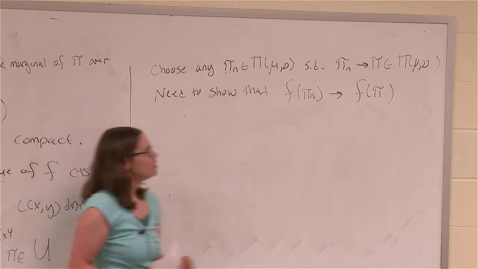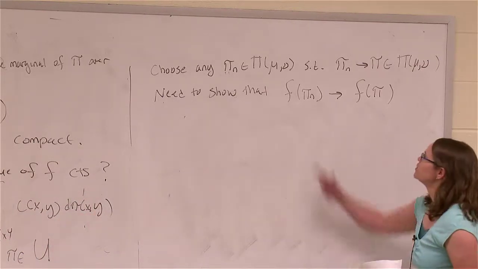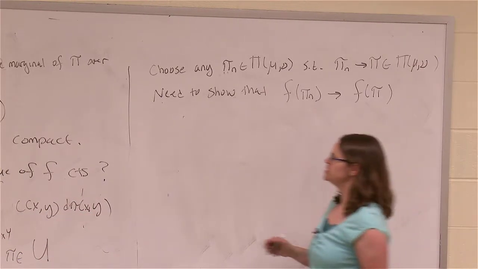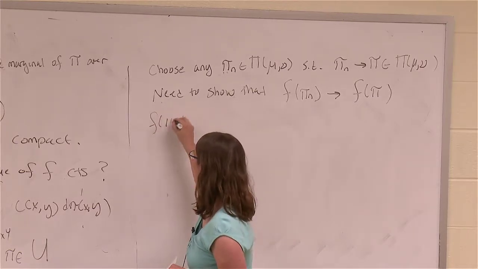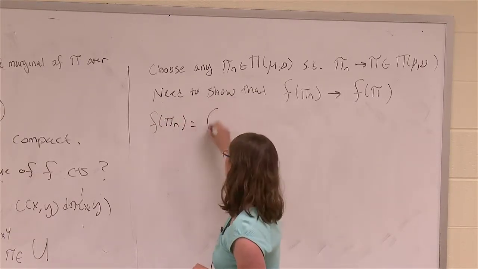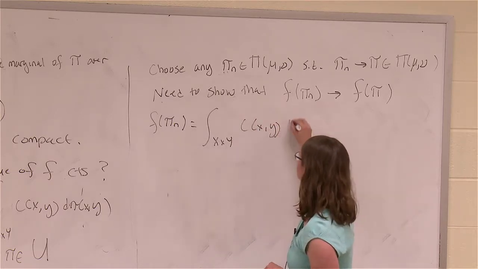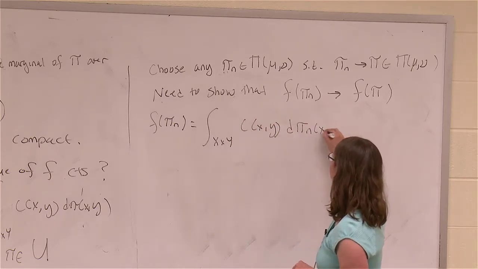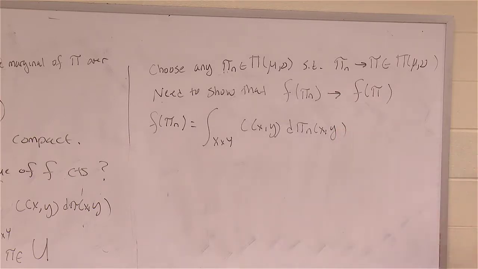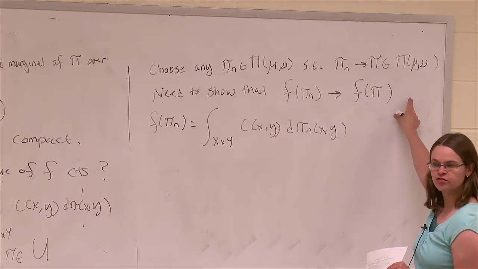Okay, so we'll do the obvious thing and write down what this actually is in its full detail. F of pi n is equal to the integral of c x y d pi n. We would love to show this converges to f of pi.